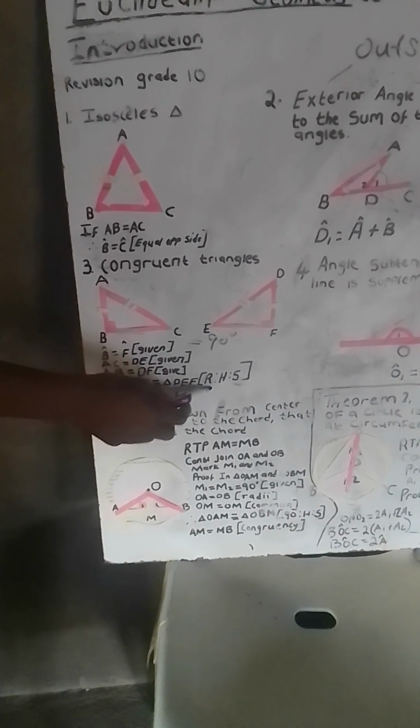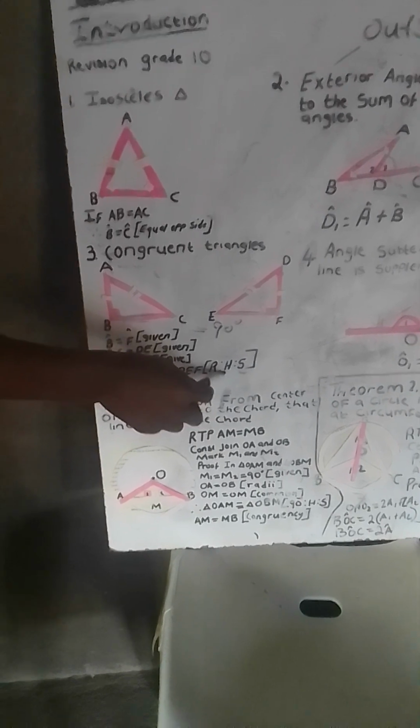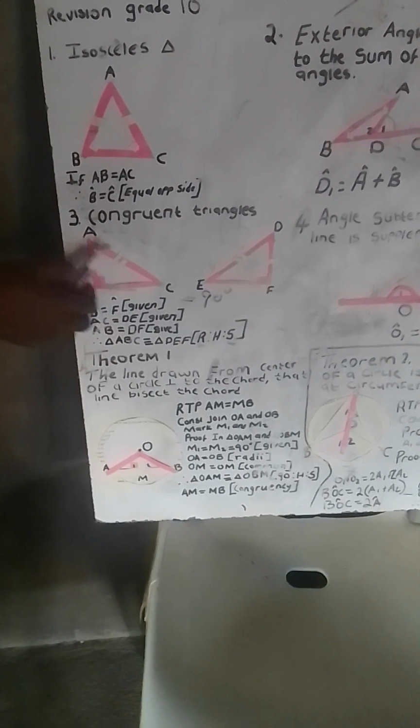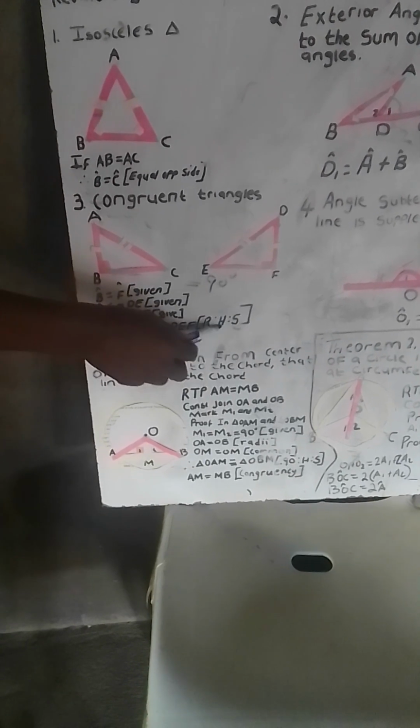It is because of right angle, hypotenuse, and side. We know that 90 degrees means right angle. The side opposite to the 90 degrees is called the hypotenuse side. The last one we can just say side. So that's how you prove the congruency of a triangle.